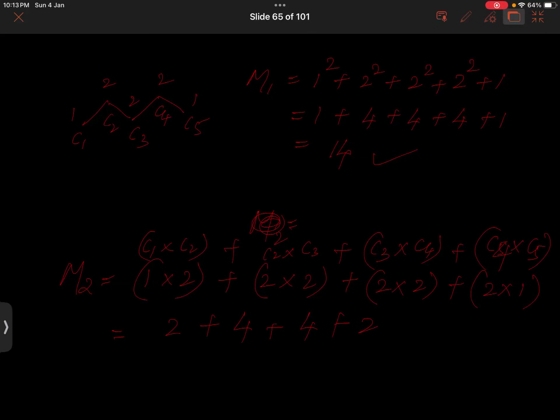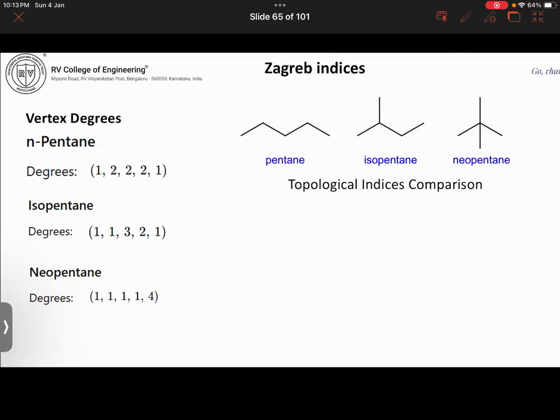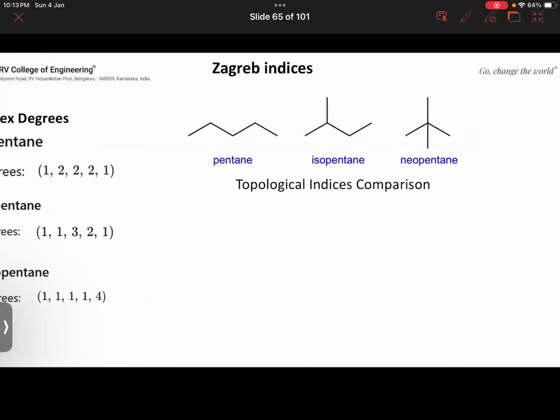So it will be 6 plus 6, which is 12. So this is the M2 for pentane.